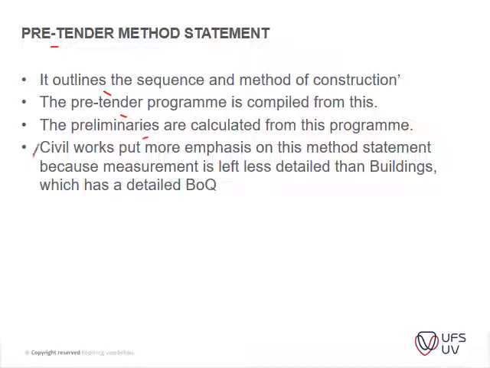The point I just wanted to make here is, if you're working on civil or SANS measurement BOQs, the detail of the descriptions in your actual BOQ will be different than your standard system. So you will have to spend a bit more time on actually measuring some of the work yourself as a contractor.